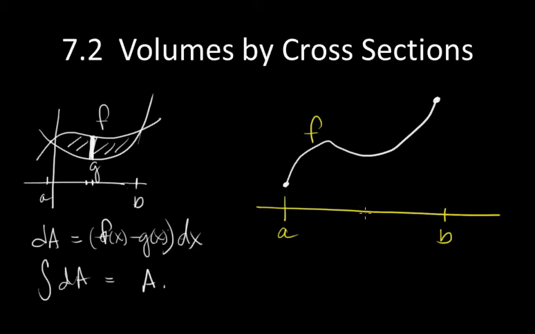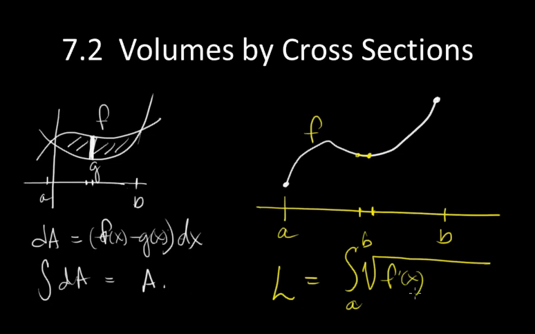We again partitioned the interval and looked on an arbitrary little subinterval, and we said, if that is a really narrow subinterval, the length of the arc over that subinterval is just the length of the line segment. And so we used the length of the line segment to develop a formula for L, and it was the integral from A to B of the square root of f prime of x squared plus 1 dx.